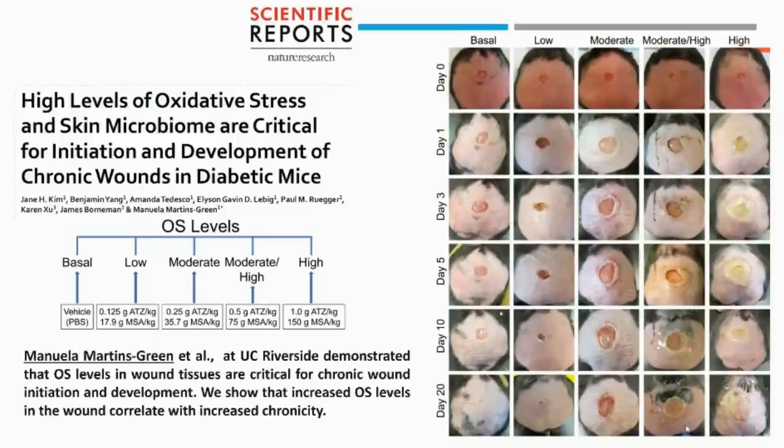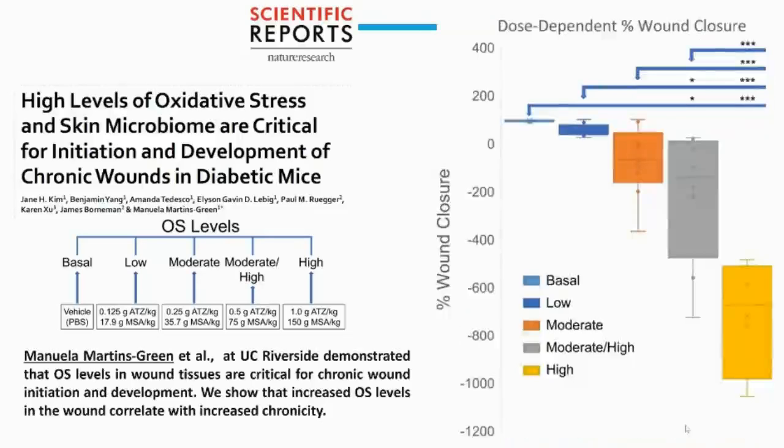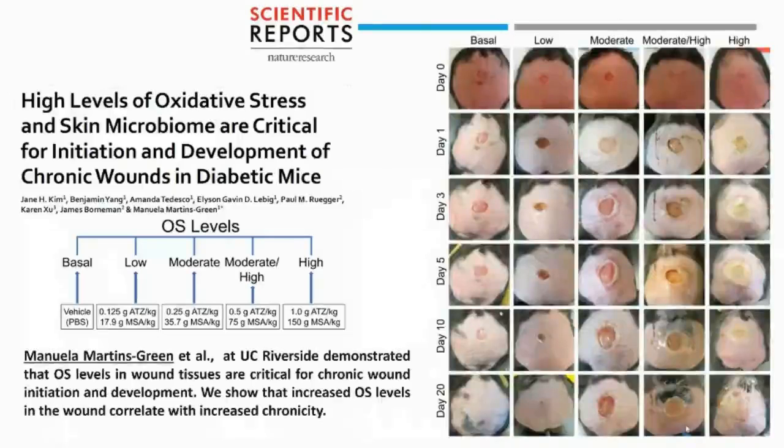An interesting take-home from this particular slide, as you can see, is that it is very clear that as you have increased oxidative stress, the healing is delayed, right? So the chronicity is established by the characteristics associated with an increased oxidative stress, which is very clear and very straightforward here, right?